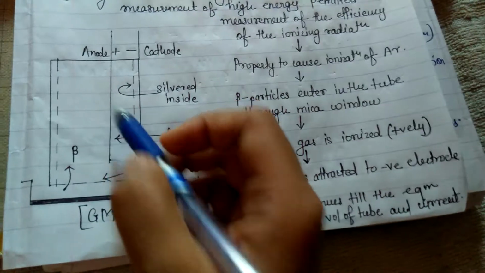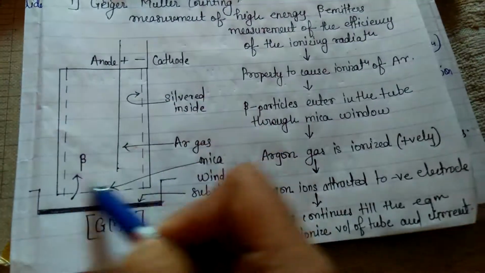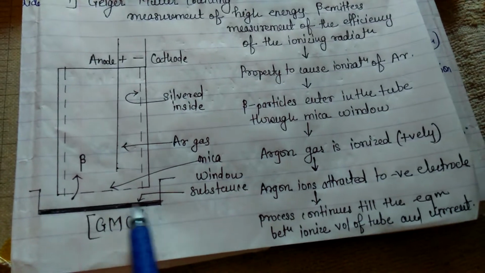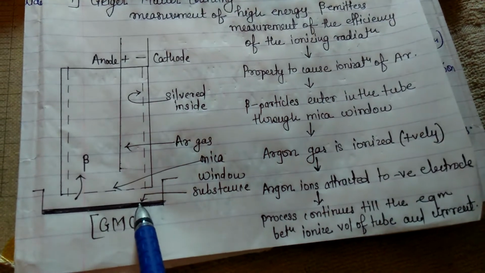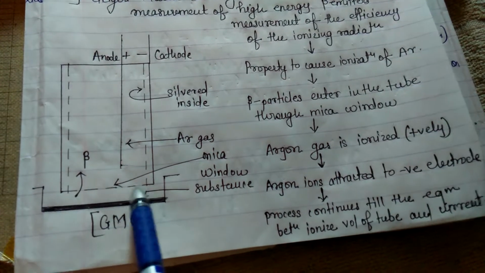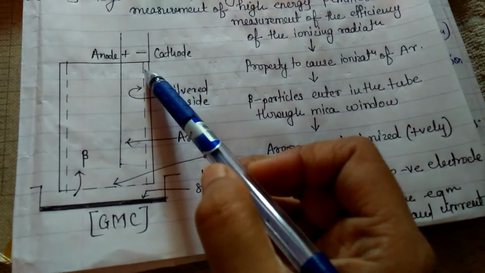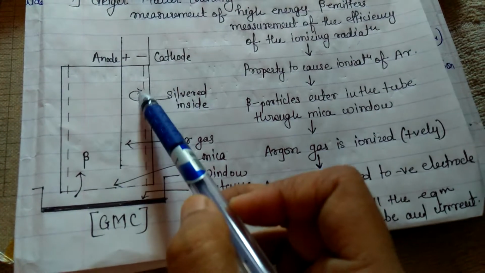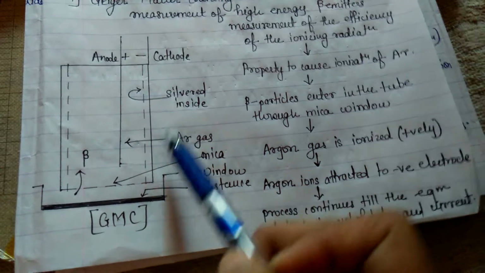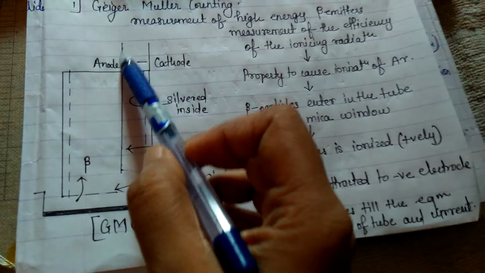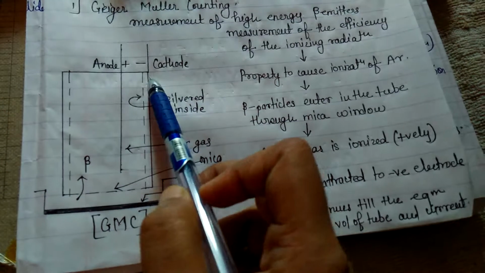First we will see the construction. Here we place our substance. Then this is the mica window, which is perforated. Then there is a perforated silvered coating. Over here argon gas is present. This is the anode and this is the cathode.